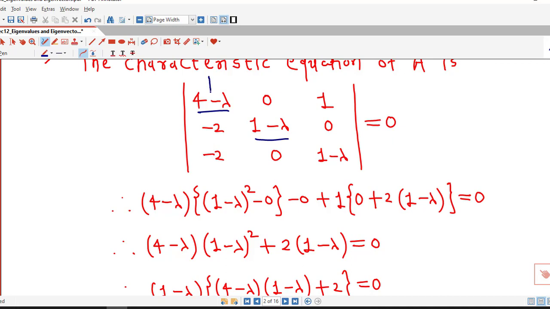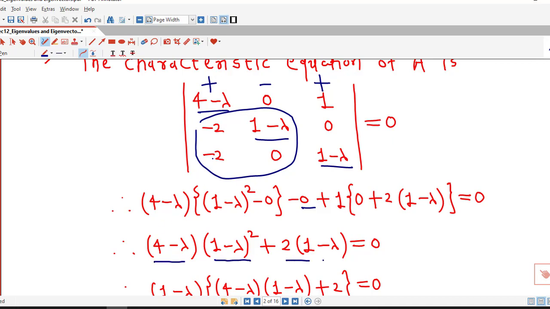So we start with the first row: 4 minus lambda as it is, into (1 minus lambda) into (1 minus lambda), that is (1 minus lambda) square, minus 0. Minus 0, so we don't have to do anything for this, plus 1, into the determinant of this matrix, which is 0 minus minus plus 2 into (1 minus lambda) equal to 0. So this we can rewrite in this way.